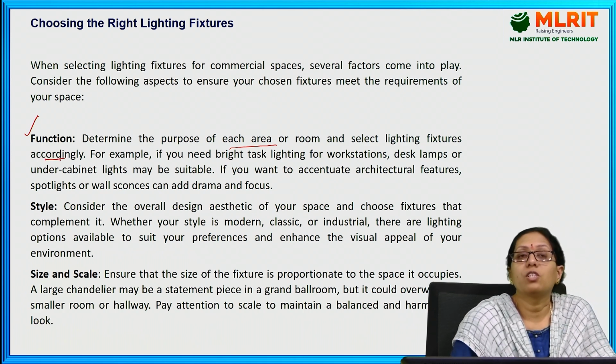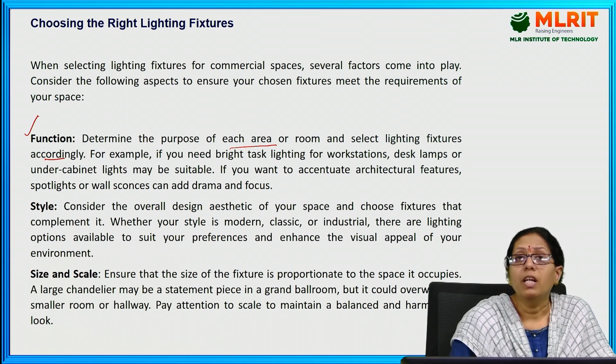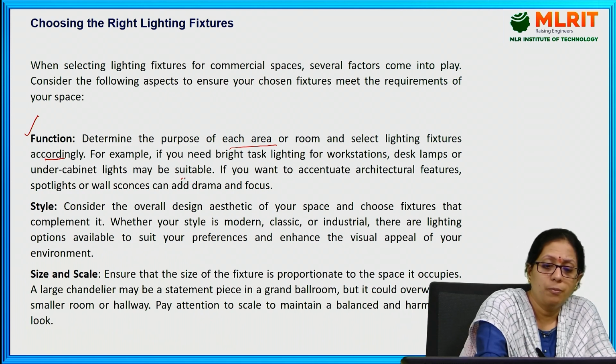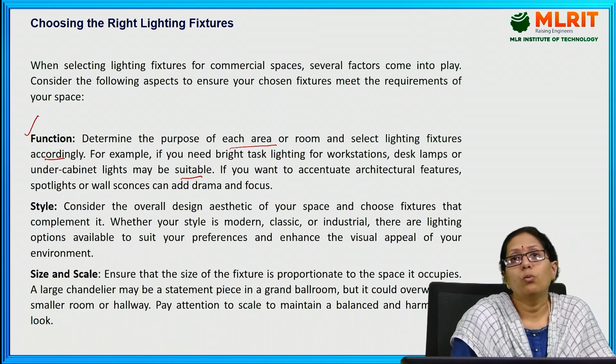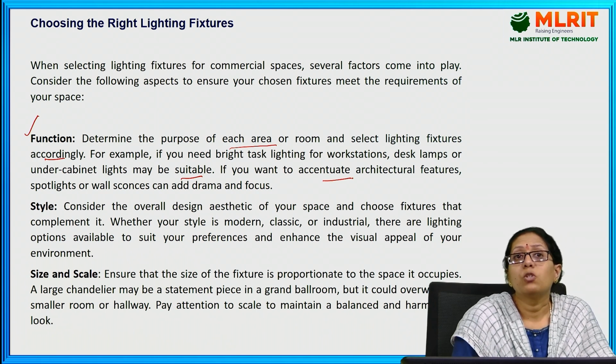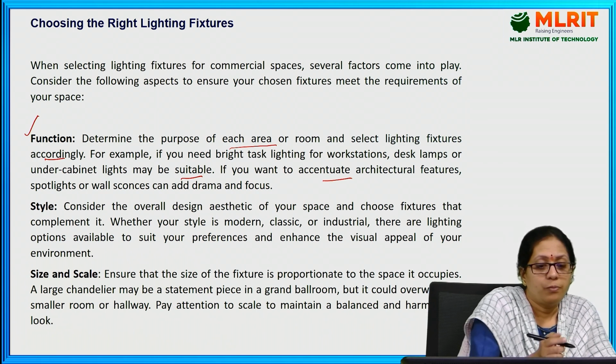For example, if you need bright task lighting for workstations, desk lamps and under cabinet lights may be suitable. If you want to accentuate architectural features, spotlights are being used.